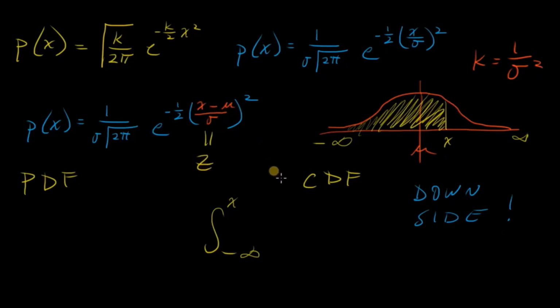The only way to do this integral is with approximation techniques, usually turning e into a power series and then integrating term by term and doing a bunch of terms so you're as accurate as possible. But it's a real pain in the neck. So I remember that was disappointing to me to find out that it wasn't as easy as just plugging in a z-score, take the integral, boom, 1 minute later you have your probability, and now you don't have to use z-tables or software. That's the kind of the bummer thing in all this. But anyway, you might as well know that now.